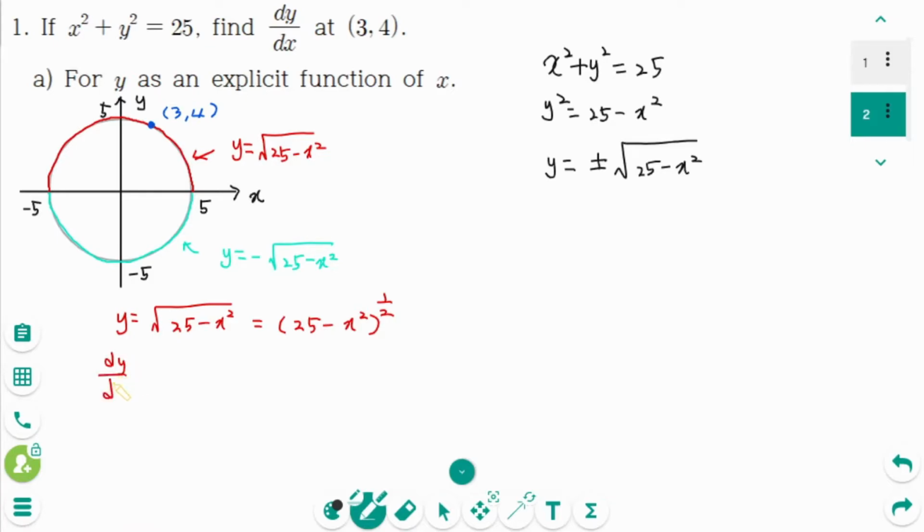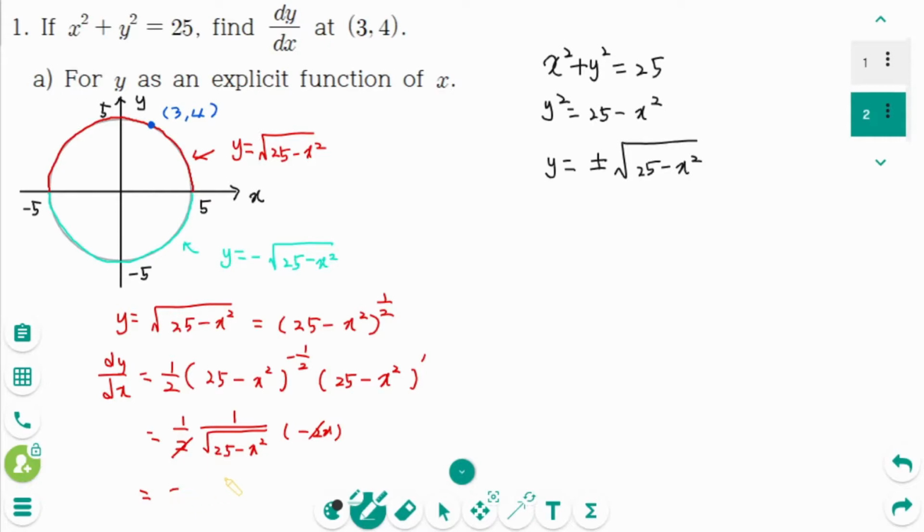Then dy/dx equals 1 over 2, the inner function to the power of minus 1 over 2 times the inner function prime, which is (25 minus x squared) prime. Then we can rewrite as 1 over 2 times 1 over the square root of 25 minus x squared times minus 2x. Then cancel, minus x over the square root of 25 minus x squared.